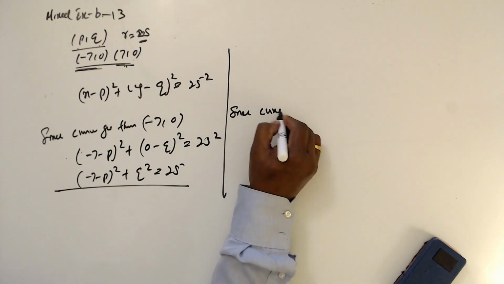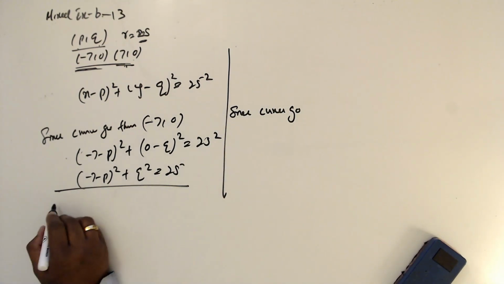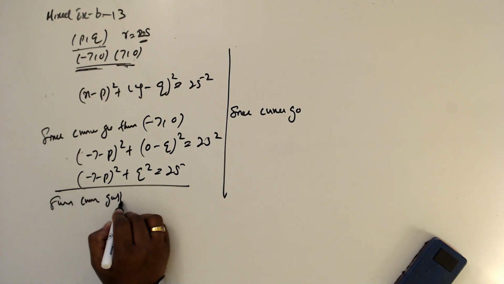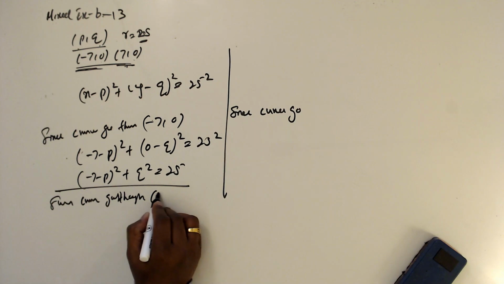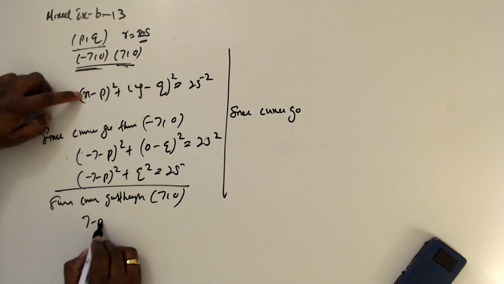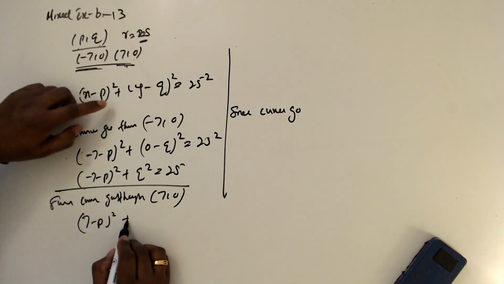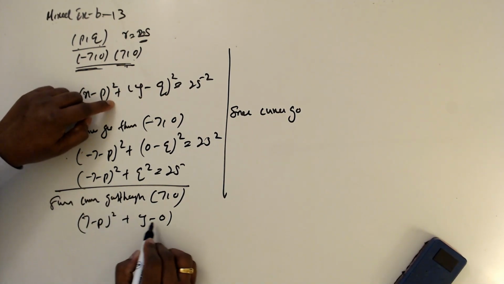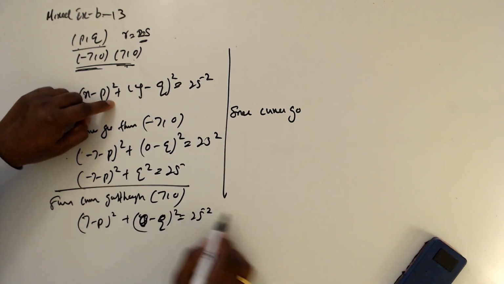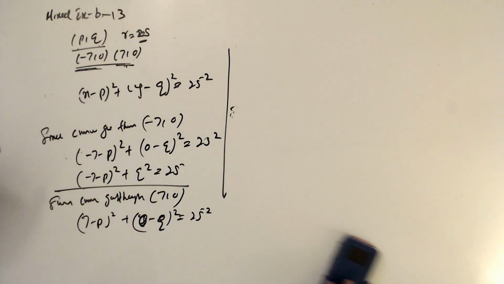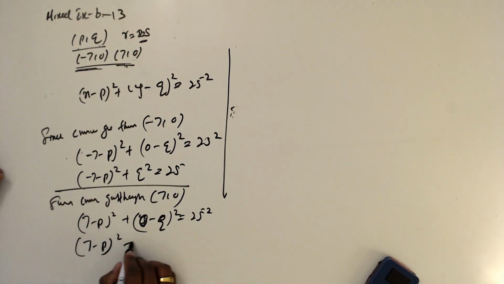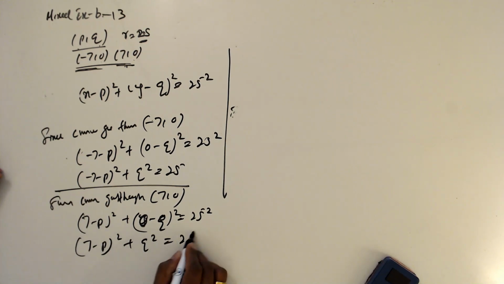Now, since the curve goes through 7, 0, I'll substitute here again. (7 minus p) squared plus (0 minus q) squared equals 25 squared. Then (7 minus p) squared plus q squared equals 25 squared.